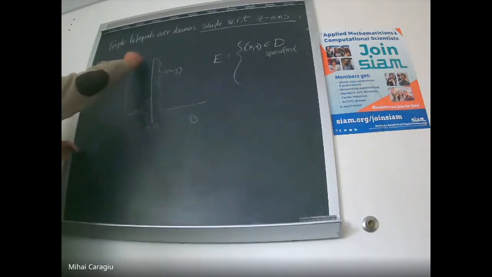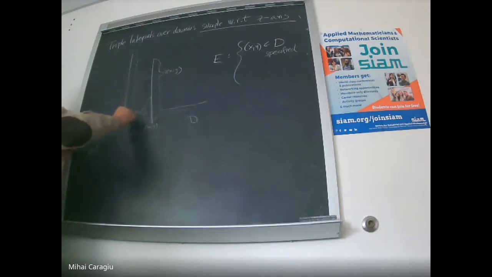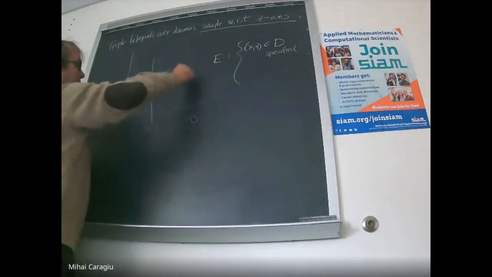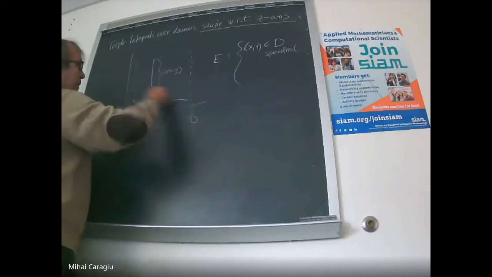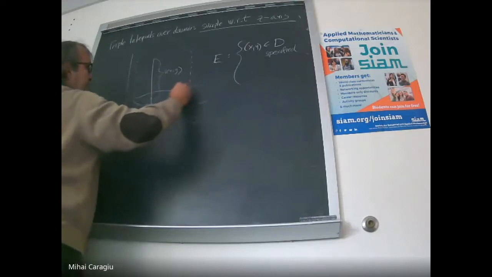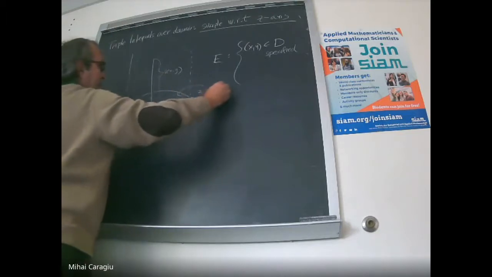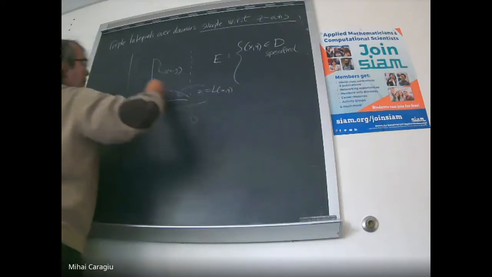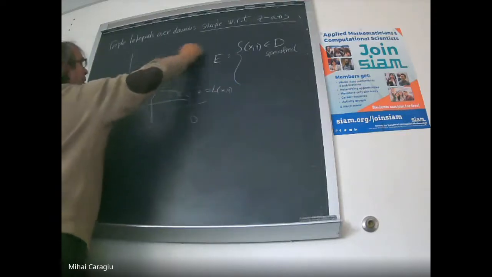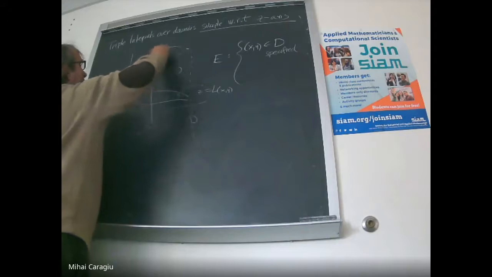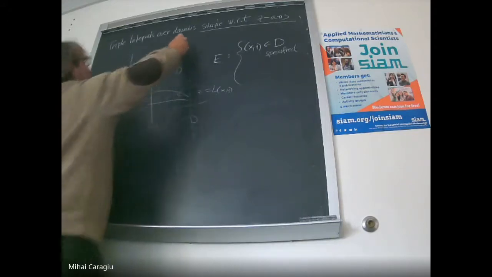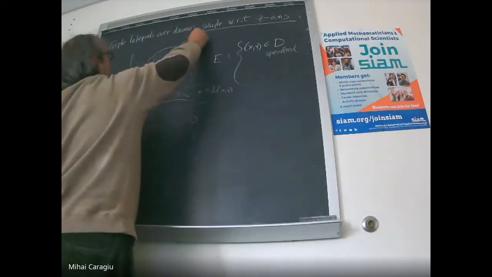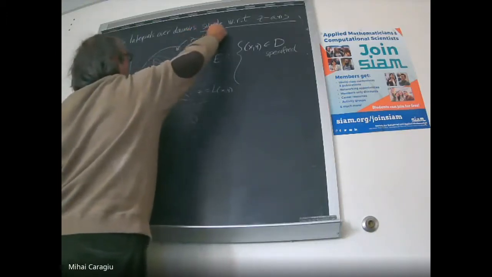This lower surface is z equals l of x and y, and this upper surface is z equals u of x and y.